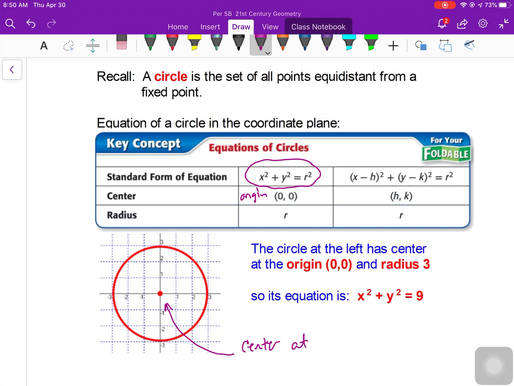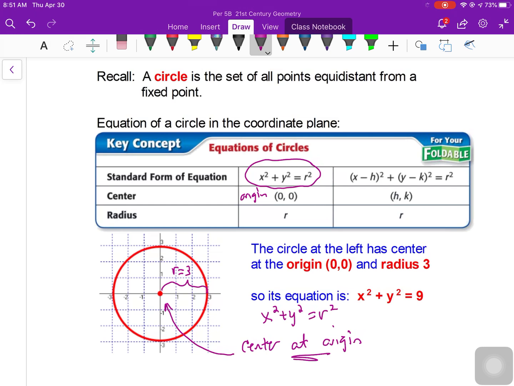So if you look at this first circle right here, the center is at the origin. And then we can see that the radius is equal to 3. Since the center is at the origin, we know it's going to be x squared plus y squared equals r squared.